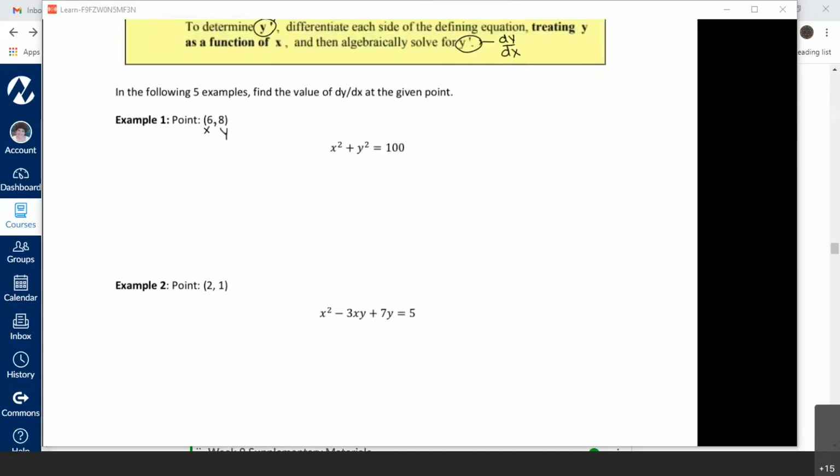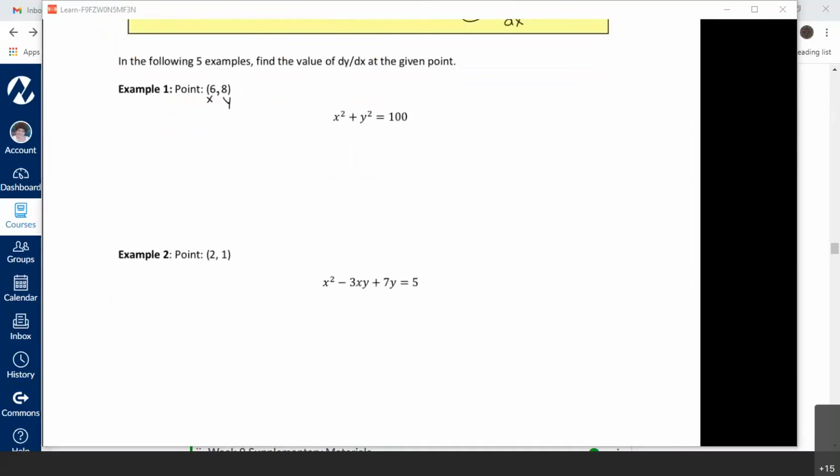So here's the way you do it. Whenever you've got terms that just have x in them, you differentiate them normally. So my first term is an x term. I'm going to differentiate it with the power rule. That gives me 2x. The next term is a y term, and I want to treat y as a function of x, which again means this is a composition.